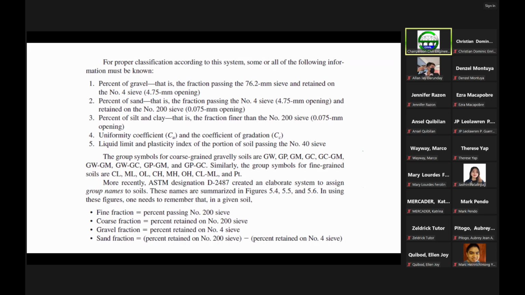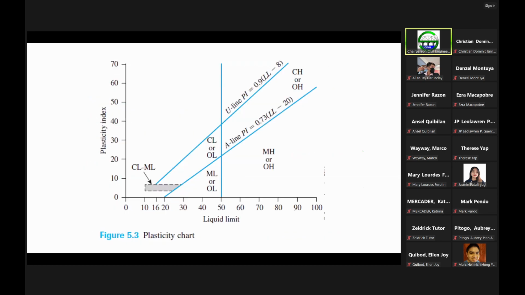So if you're given the percent passing number 200 sieve, that's 100% minus the percent passing number 200 sieve, which is equal to the percent retained on the number 200 sieve. Again, what is given here is, sorry.